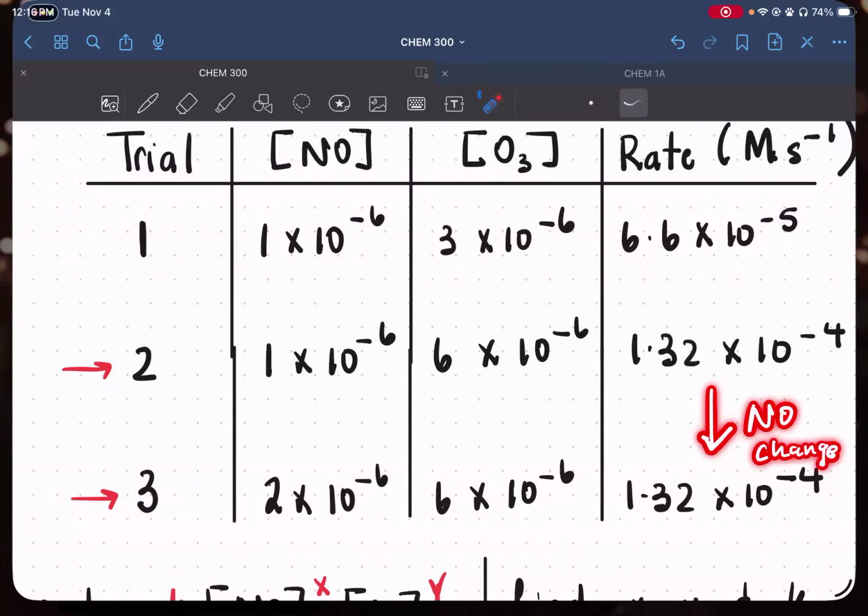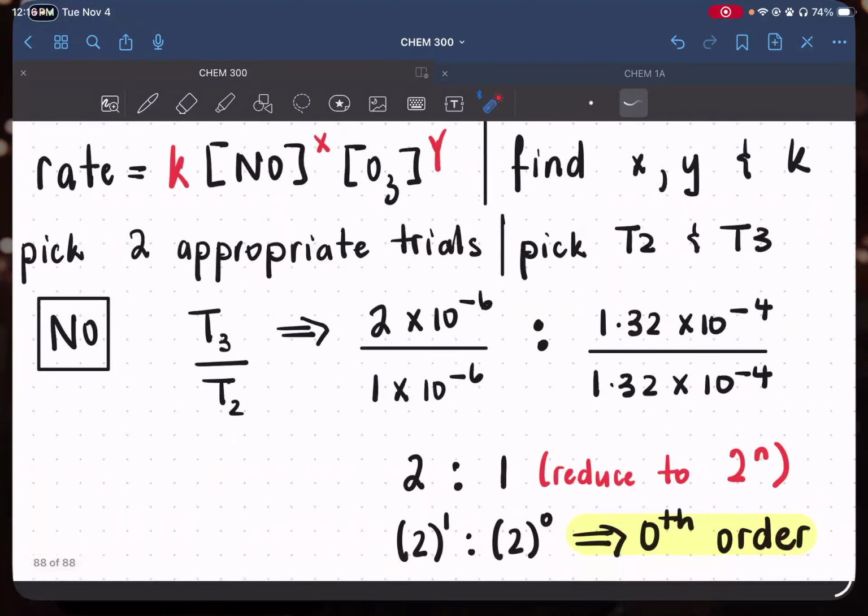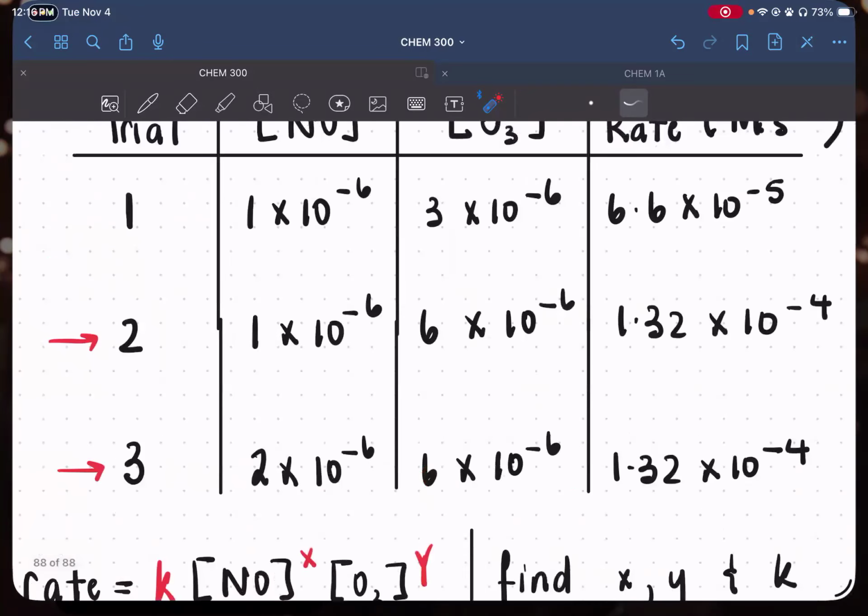Doesn't that immediately tell me this is 0th order? Yeah. That's why there is no explicit formula to this. It is an analysis of real data. This is the written analysis. You compare the trials, you compare the rates, you reduce to the power of 2. But sometimes you can just look at the table.